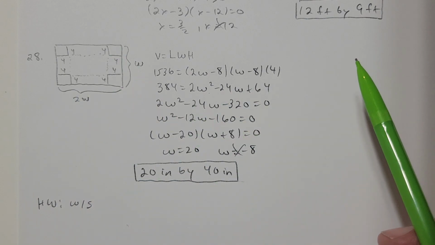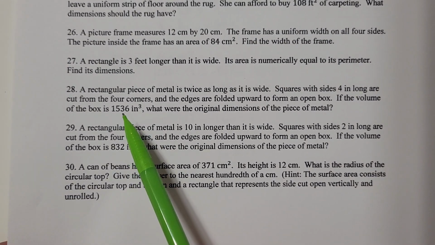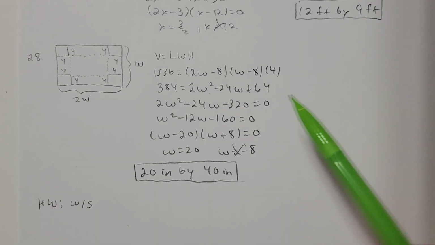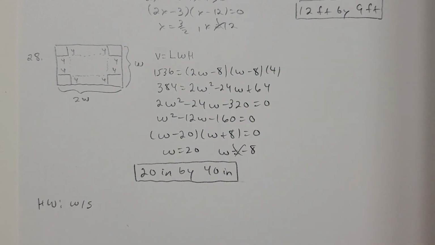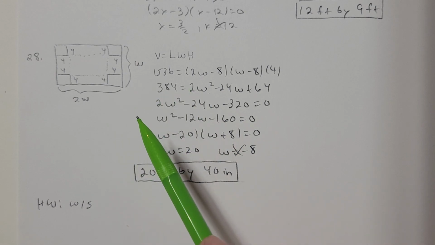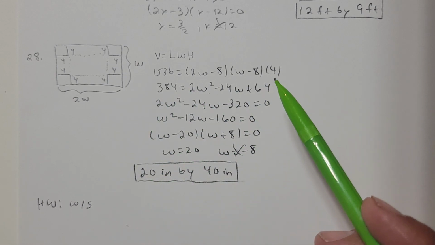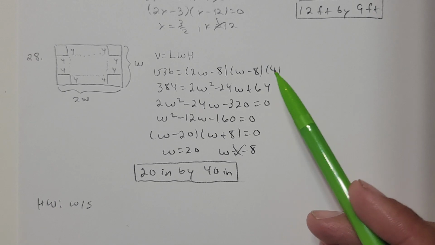By them giving me the volume of this box, that suggests that I need to be working with the volume of a box to set this up, or just the general formula: volume equals length times width times height. The volume is 1,536 equals the length times the width times the height. Now, if I remove the 4 corners, which are sides that are 4 inches, and I fold this upward, the height of the box would be 4 inches.